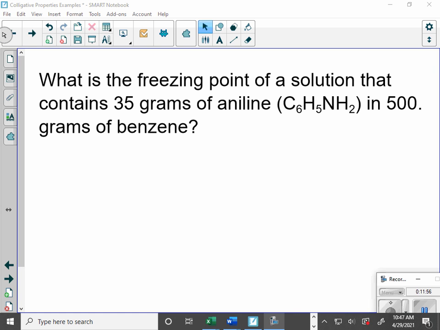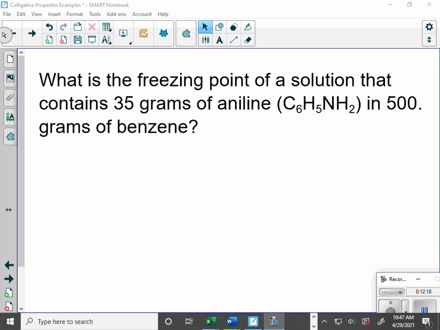The question states, what is the freezing point of a solution that contains 35 grams of aniline, which is C6H5NH2, that is dissolved in 500 grams of benzene? So just making a mental note here. My solute is the aniline. My solvent is the benzene.